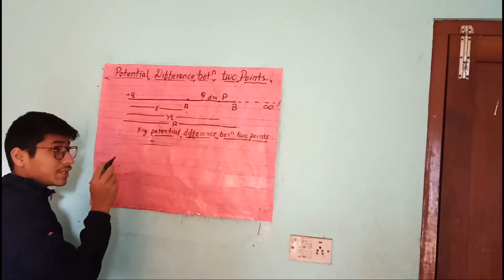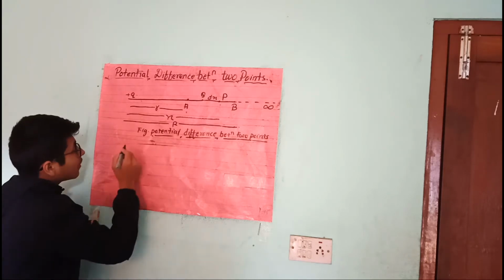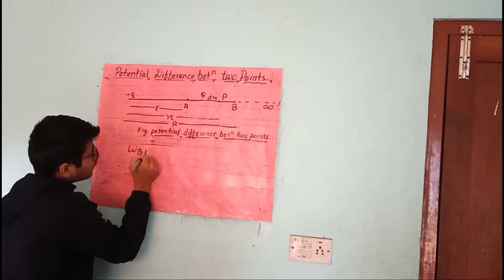The total amount of work done dW is denoted by the work done from B to A.